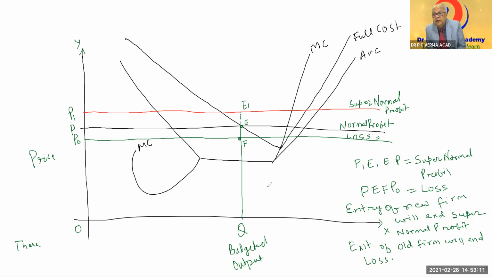There is no demand curve, but the invisible factor is that in the market, if the budgeted output is the same but the price is higher, it means more pressure from the buyer side. But that pressure will be released when a new firm enters.